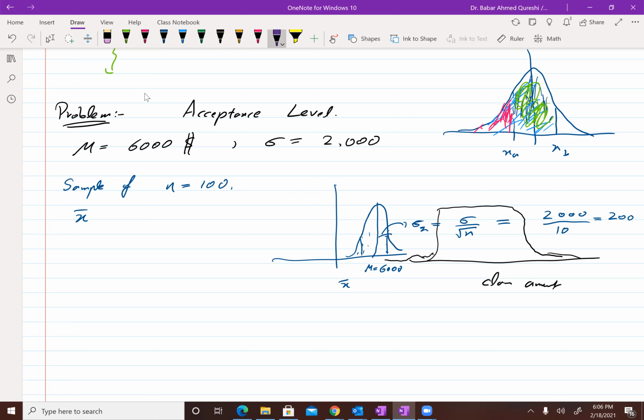And we computed last time that for the standard normal, and any normal is the same within its standard deviation, the probability within 2 standard deviations is 95%.